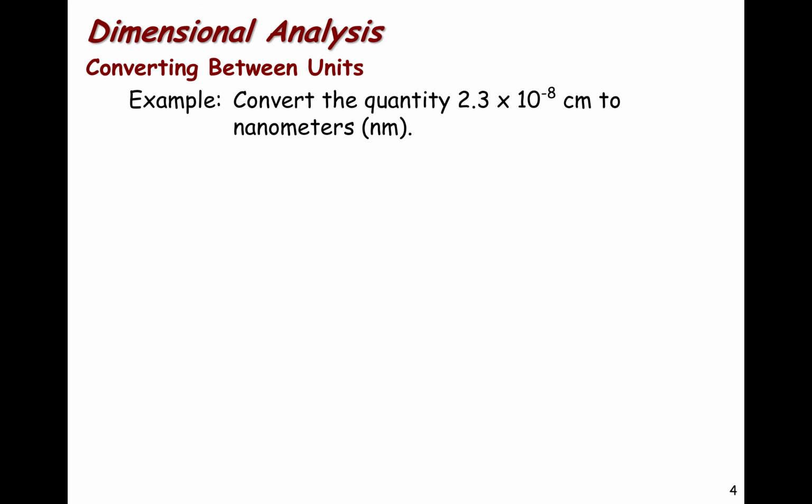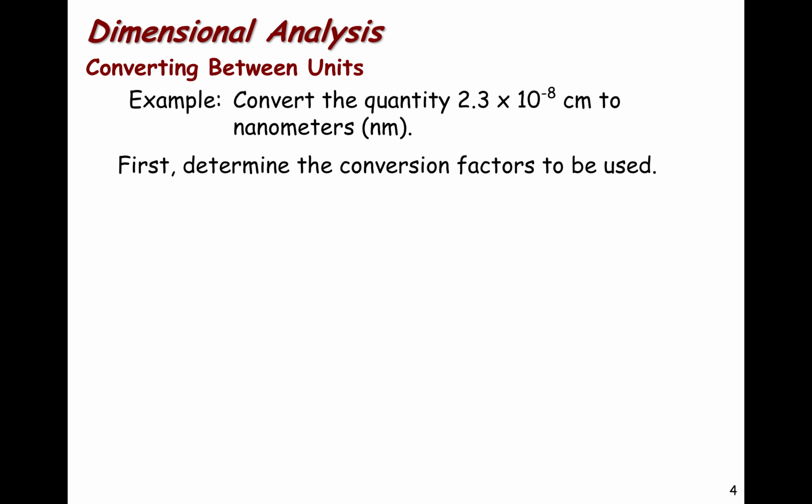In this question, we have the quantity of 2.3 times 10 to the negative 8 centimeters, which is a very small distance, and we want to convert that to nanometers. In this particular case, we have to determine the conversion factor or factors that we're going to use.